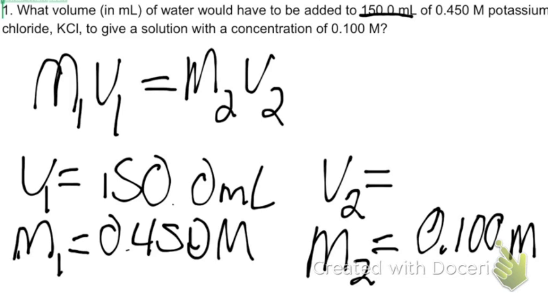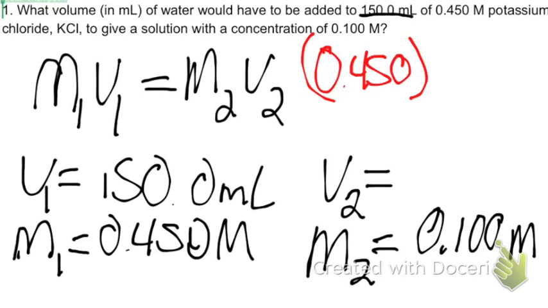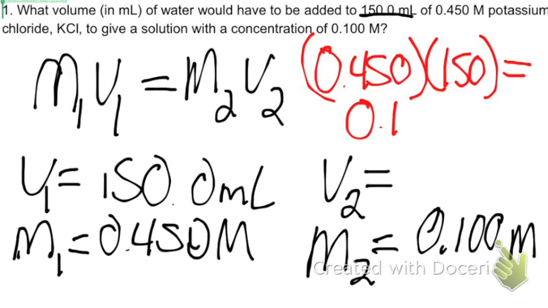Let's take the numbers and replace them into the equation. All right, so let's plug things into our equation. So we got 0.450, which is our M1. Our V1 is 150. That is equal to 0.100 times our new volume. What are we going to have to do to get our V2 by itself?